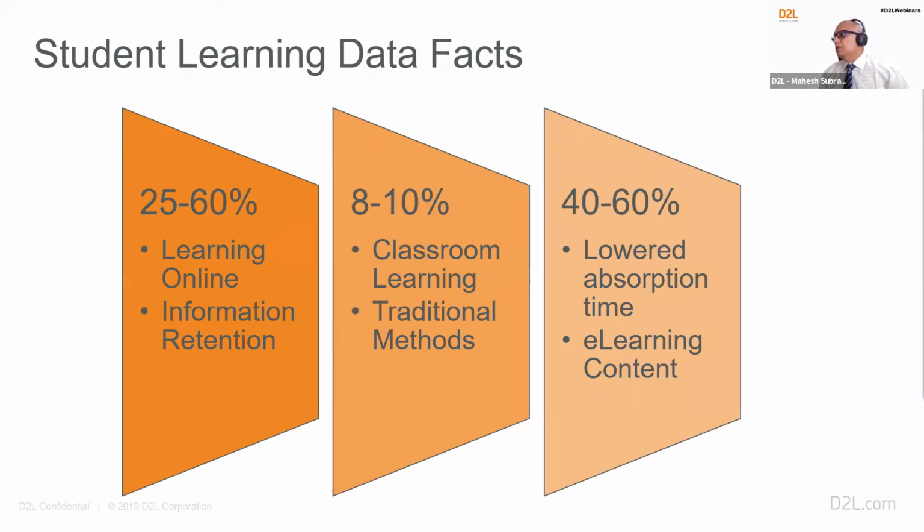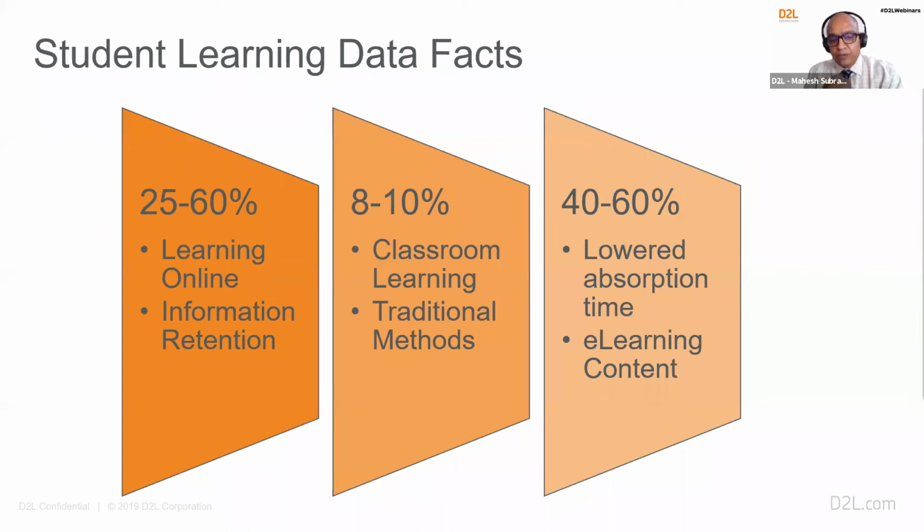In terms of some learning facts, right? In terms of how hybrid learning helps you with regards to student completion rate, etc. Now, we found that these are all statistics taken from the last few years, not just the last 2 years.